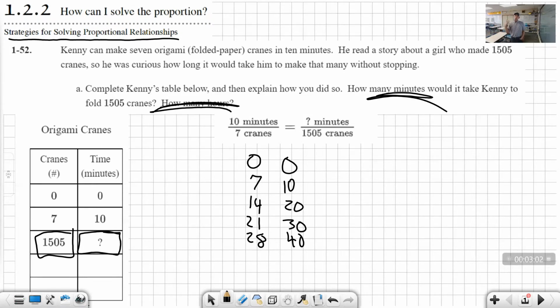That's one way. Or you could think, what do I need to multiply this number by to get this number? That's another method of solving it. Or you could think, what do you need to do to 7 to get to this number? Well, if you do that to that number, you could use it to get to this number. Those are 3 different strategies that you could use to solve this. Okay? If you'd like to solve it now, feel free to solve it now.